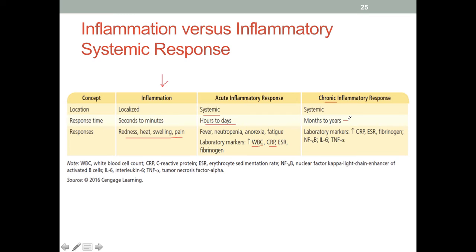But if we do blood work, we would see an elevation of a lot of the immune markers, including CRP, TNF alpha, NF-kB, and certain interleukins, the pro-inflammatory cytokines. This is the difference of inflammation in these different scenarios.